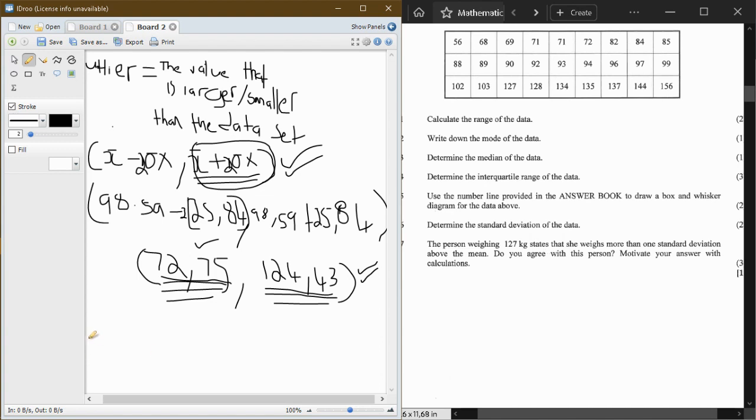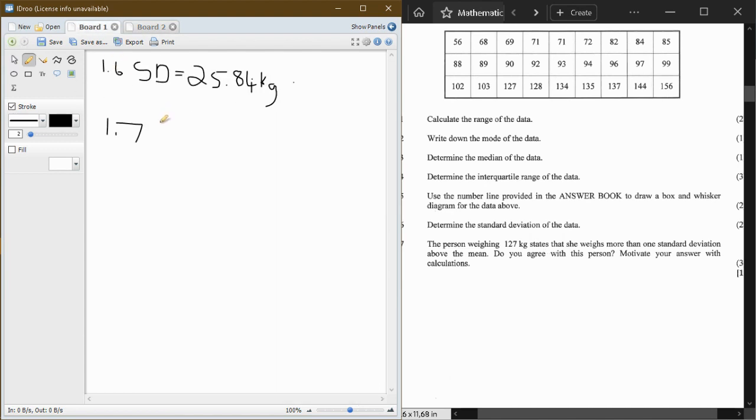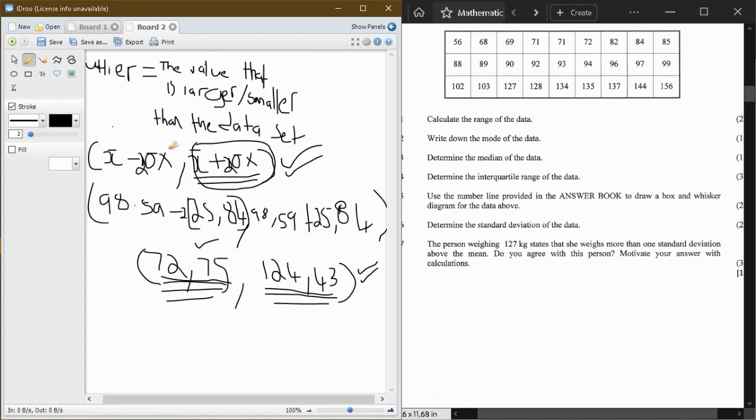So do you agree? So conclude again. You're going to conclude and say yes, I agree. And then you need to prove with your calculation why you agree. You're going to use this equation, the outlier.